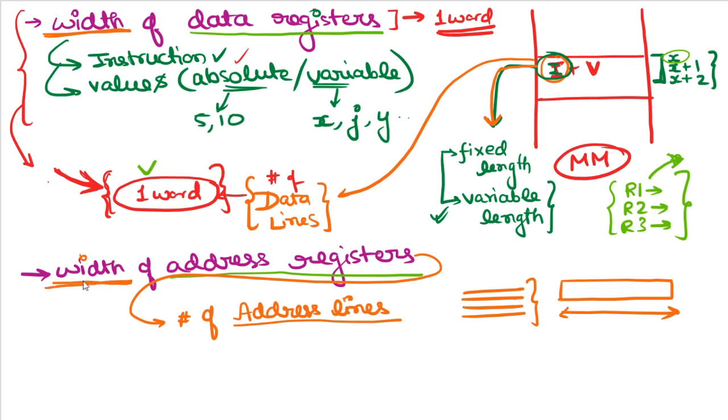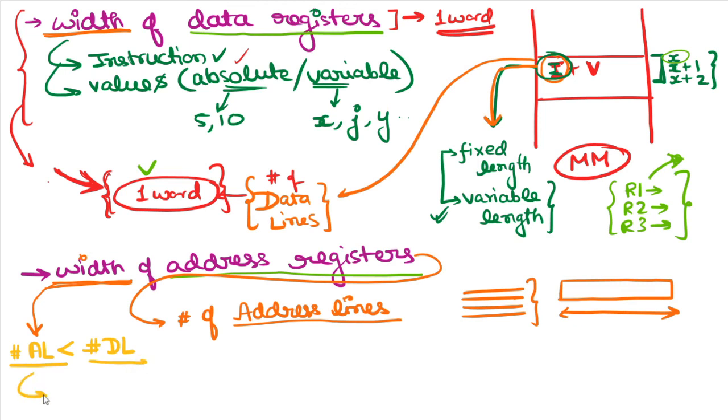They can have the same width only when the number of address lines is less than the number of data lines.